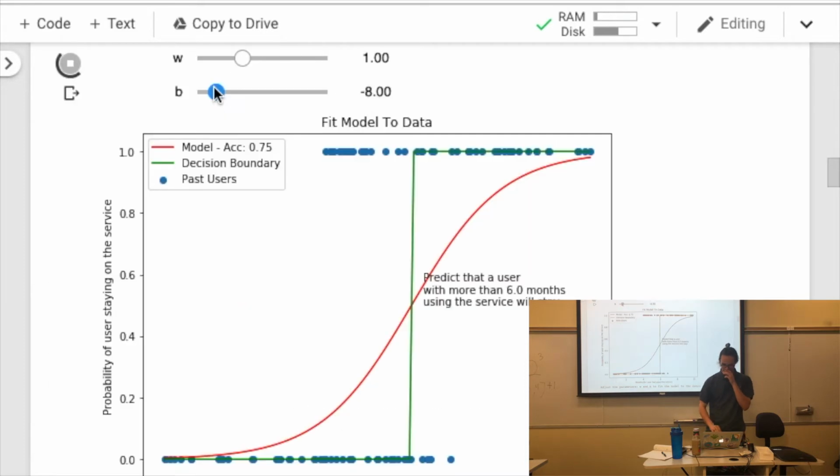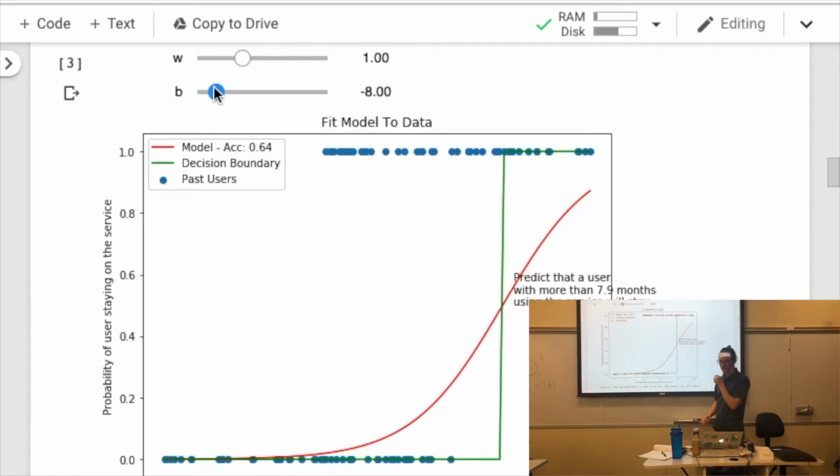One thing I didn't mention though. Moving back to here, see our accuracy is 0.64. The accuracy, remember, is the percentage of data that we got correct. So you can see we got about 0.64 of the dots correct, of the customers correct. Say there's 100 customers here that we're looking at, we correctly classified about 64 of them.